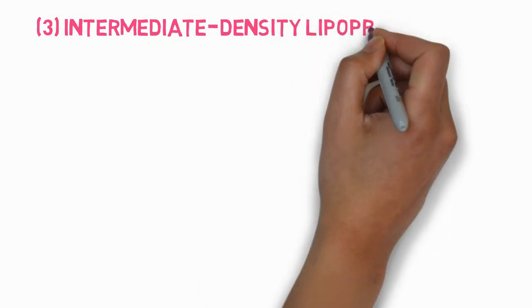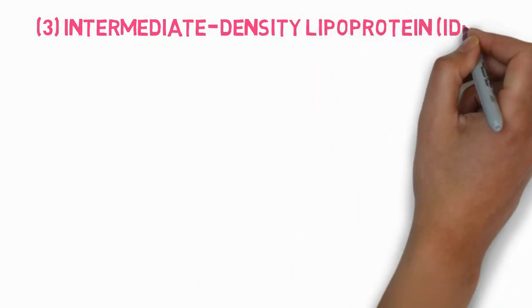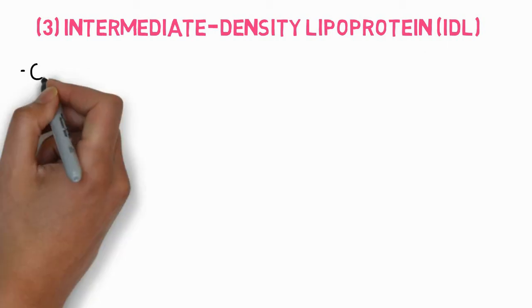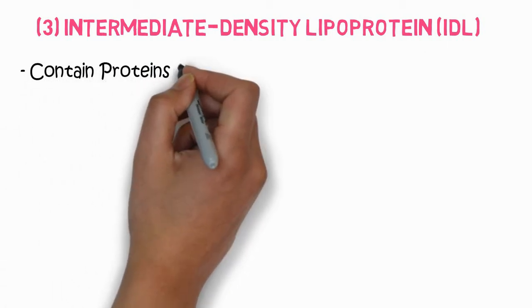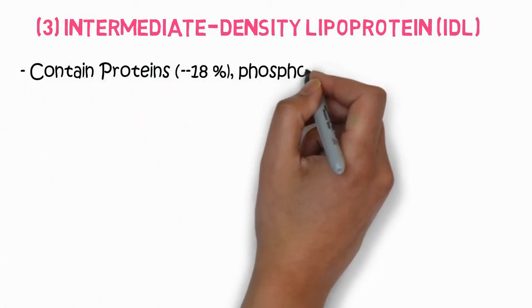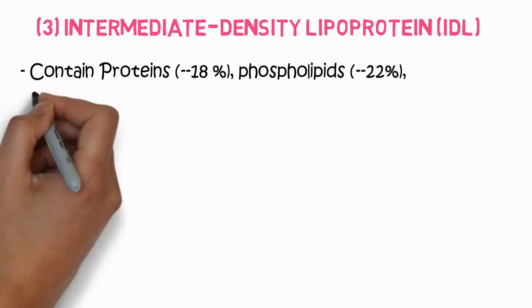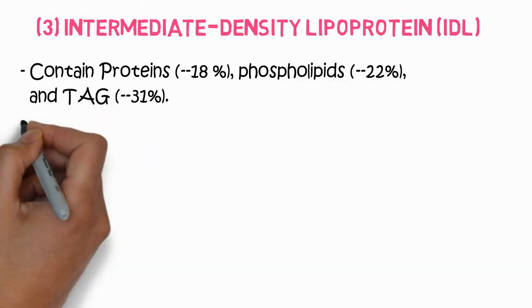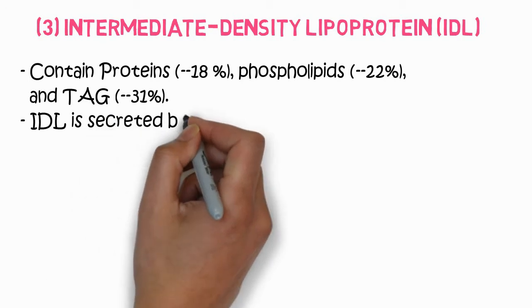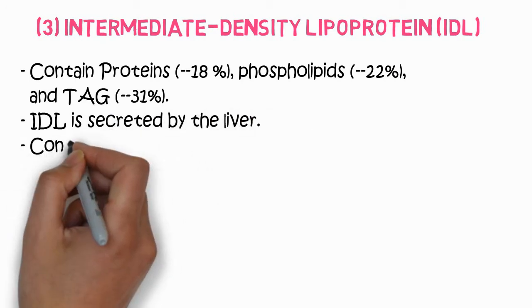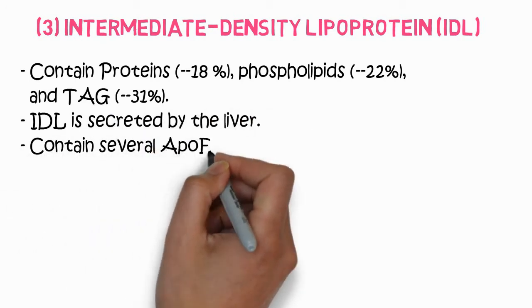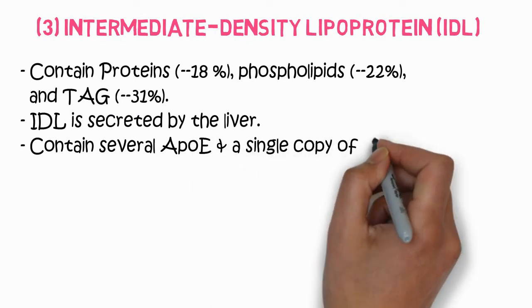The third class is known as intermediate density lipoprotein, or IDL. They contain protein about 18%, phospholipid about 22%, and triacylglycerols about 31%. IDL is secreted by the liver.